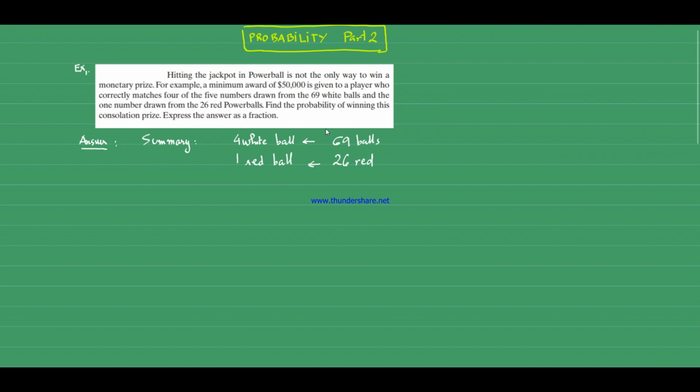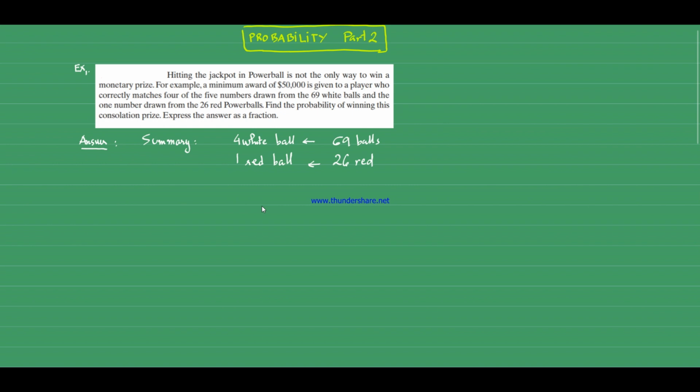But now we want to find the probability of picking 5 balls over here. So first of all we need to find the sample space, then we need to find the event space.